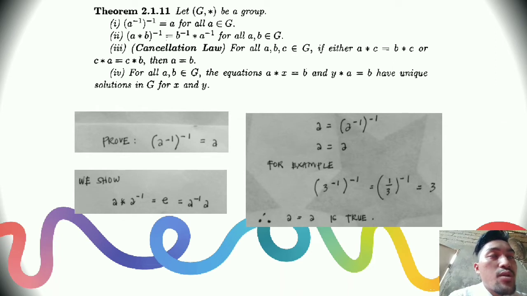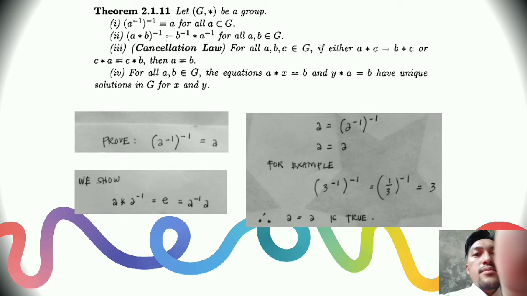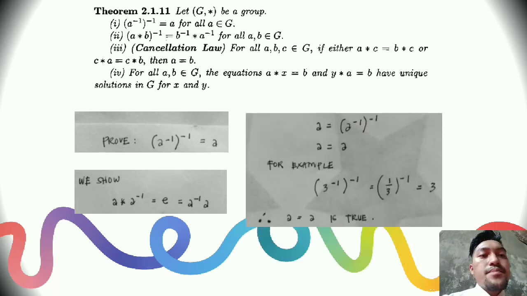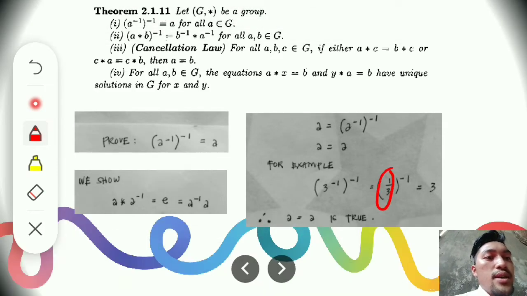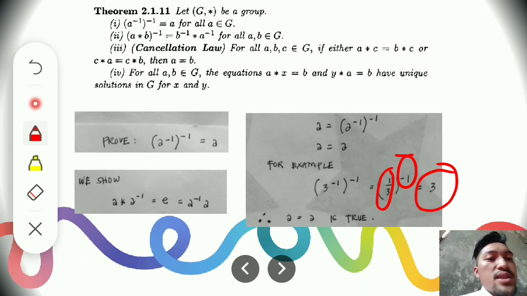For example, if we use numbers here, 3 to the power of negative 1, we know that 3 to the negative 1 is 1/3, and taking its inverse again, we will have 3. So therefore, in this case, a equals a is true.